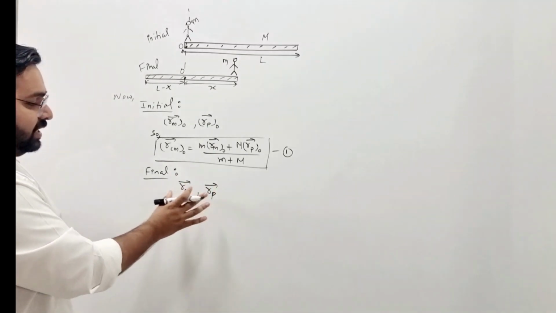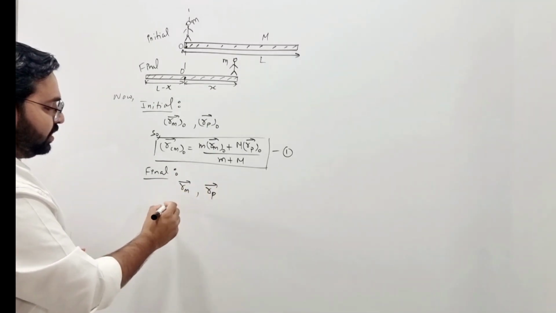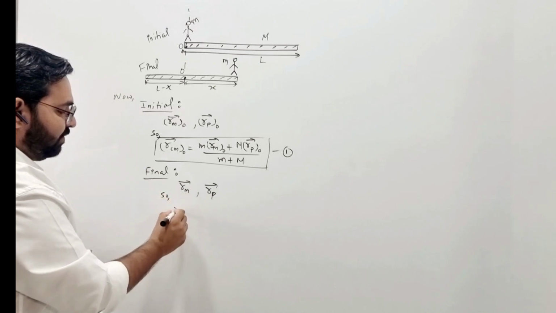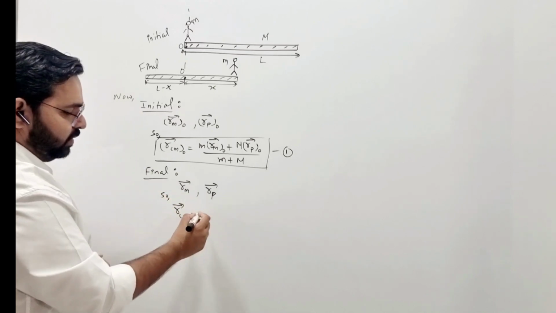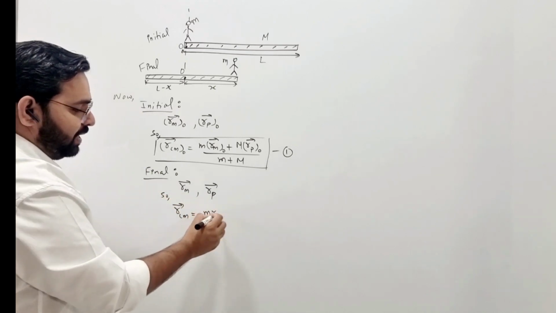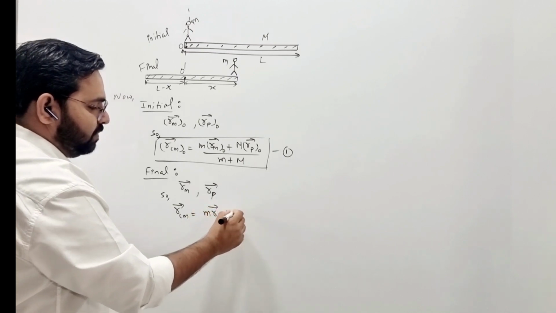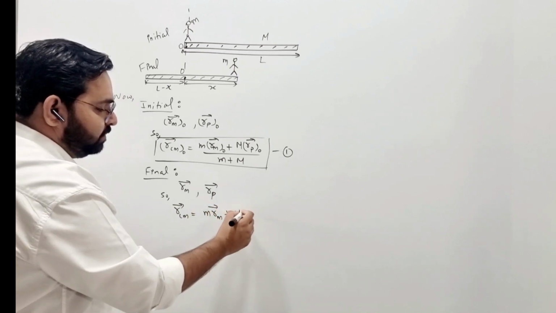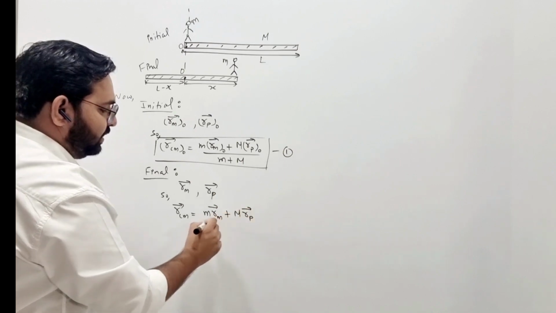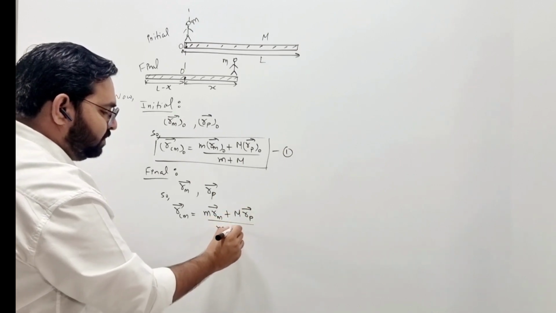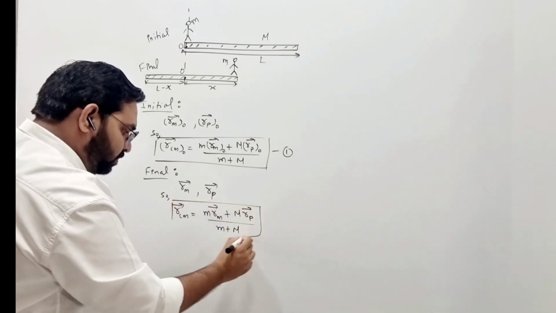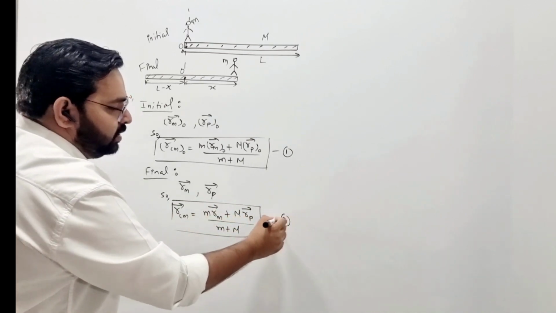So again, for this final position, if you want to find out the position of center of mass, that would be Rcm equals mass of the man into position of the man plus mass of the plank into position of center of mass of the plank, divided by total mass of the system. This is our equation 2.